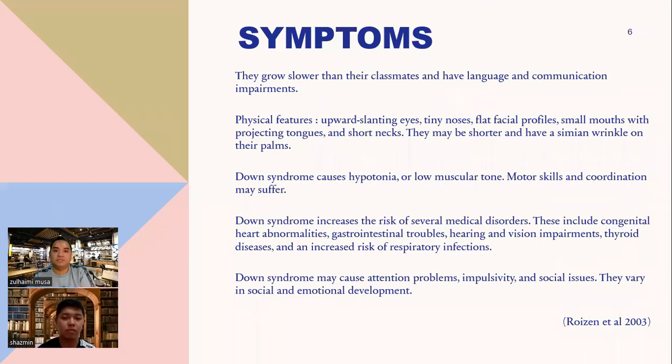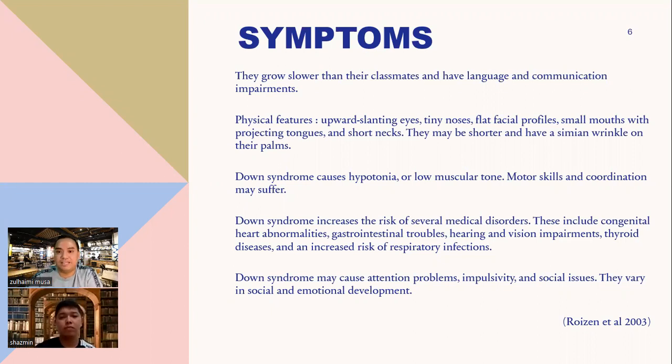What are the symptoms of people with Down syndrome? Usually they have a very slow growth rate, especially when we compare with their classmates, and sometimes they have language and communication problems. In terms of physical features, they will have upward slanting eyes.